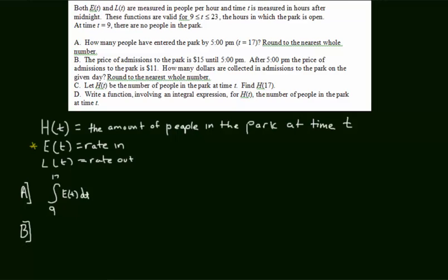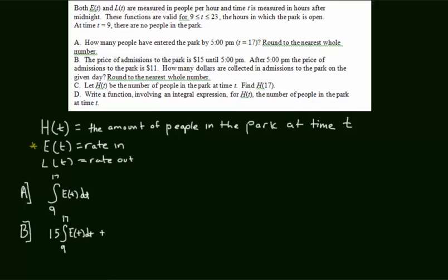In part B, the price of admission to the park is $15 until 5 o'clock, and then after 5 o'clock, the price of admission goes to $11. How many dollars are collected in admissions to the park on the given day? Well, it'll be $15 for each of the people that entered between times 9 and 17.